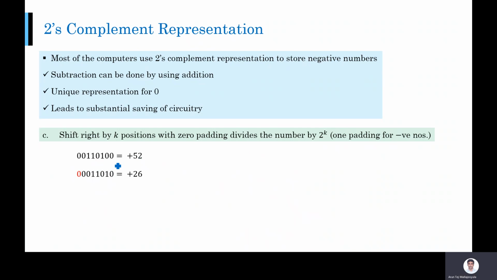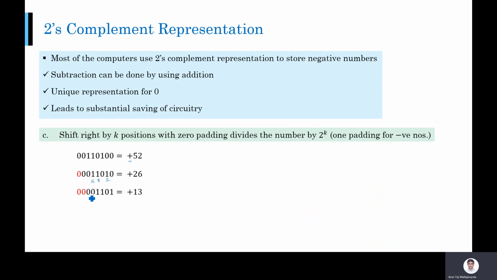So I am shifting right by one position. This is a positive number, so I'm putting zeros here. It's anyway not changing the number. So I get 26 now. So I have divided by 2.